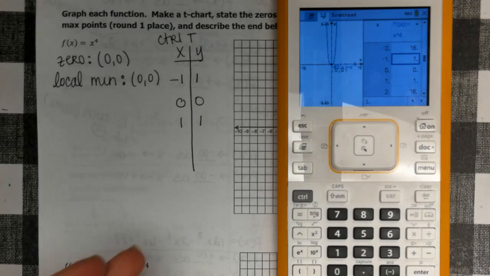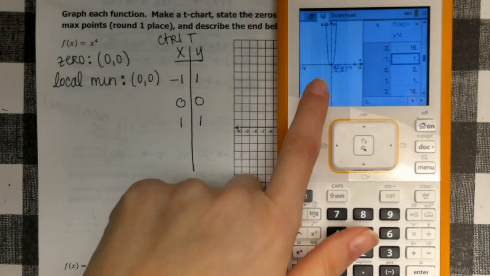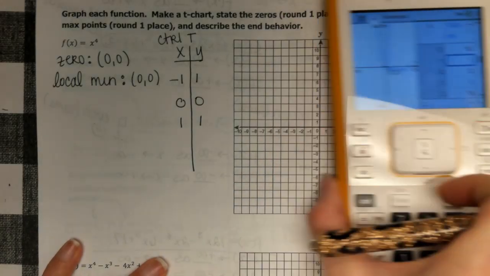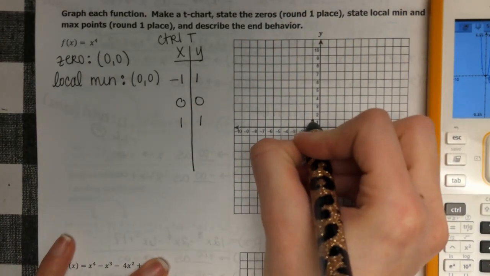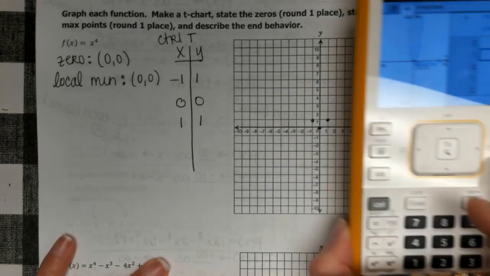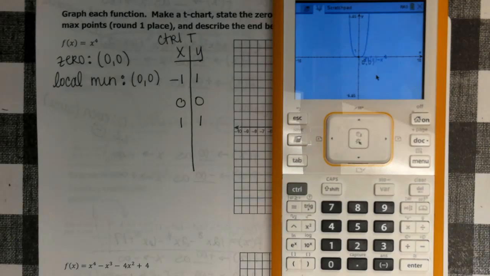Okay, this one only has 3 points, but you need to have enough that will fit on your graph and give you the curve. You're looking at the graph, so you should know what your graph on your paper should look like. Okay, so negative 1, 1, 0, 0, and 1, 1. Now notice, if I get my table off, Control T gets it there and away.